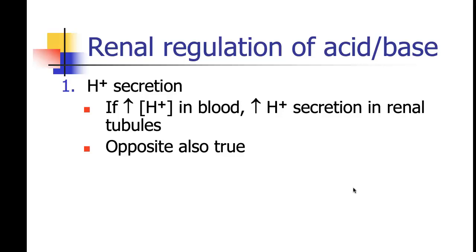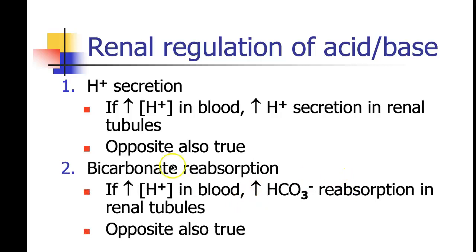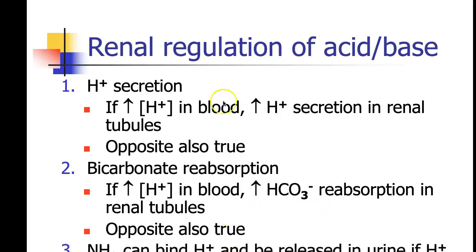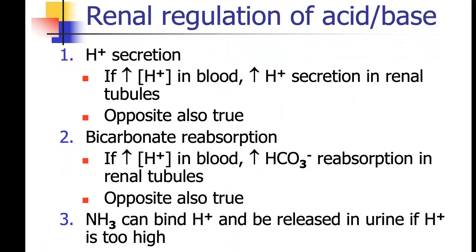And the opposite is true. If it's too low in the blood, you're going to have decreased secretion. For bicarbonate reabsorption, if you have increased hydrogen ion in the blood, you're going to have increased CO3 reabsorption in the renal tubules. And the opposite is also true. Okay. NH3 can bind hydrogen ion and can be released in urine if that ion is too high.